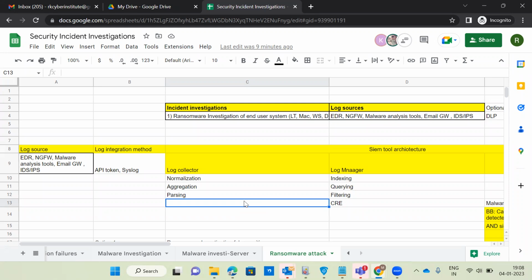So, I will raise a ticket in the ServiceNow ticketing tool. Then I will classify the incident as a ransomware attack. Then I will collect all the details about the incident.